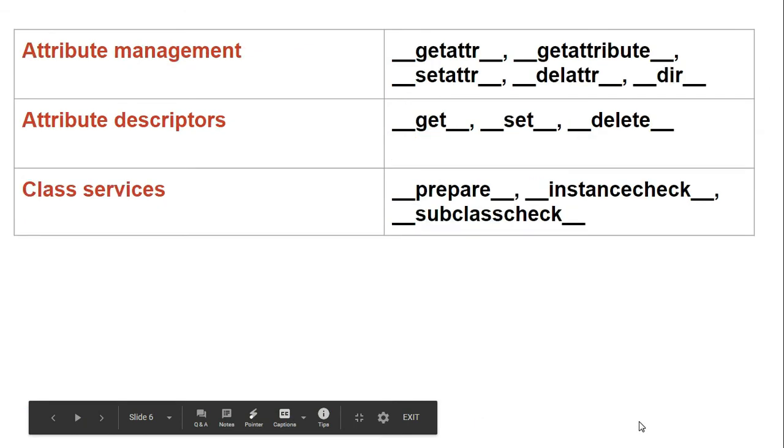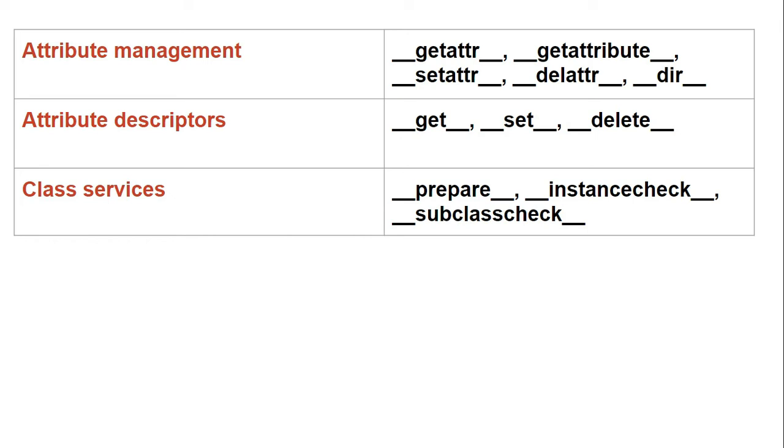Similarly for attribute management, the __getattr__ method is called, and for setting an attribute, the __setattr__ method is called. So why do we need to know about special methods?